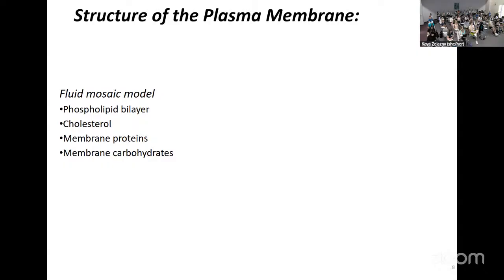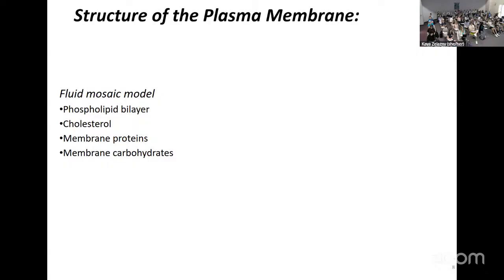We've got membrane proteins doing a number of different jobs, some involved in transport, some working as enzymes, some working as cell junctions. We've got a couple carbohydrates attached as well, helping us kind of signal to other cells, among a couple other jobs.